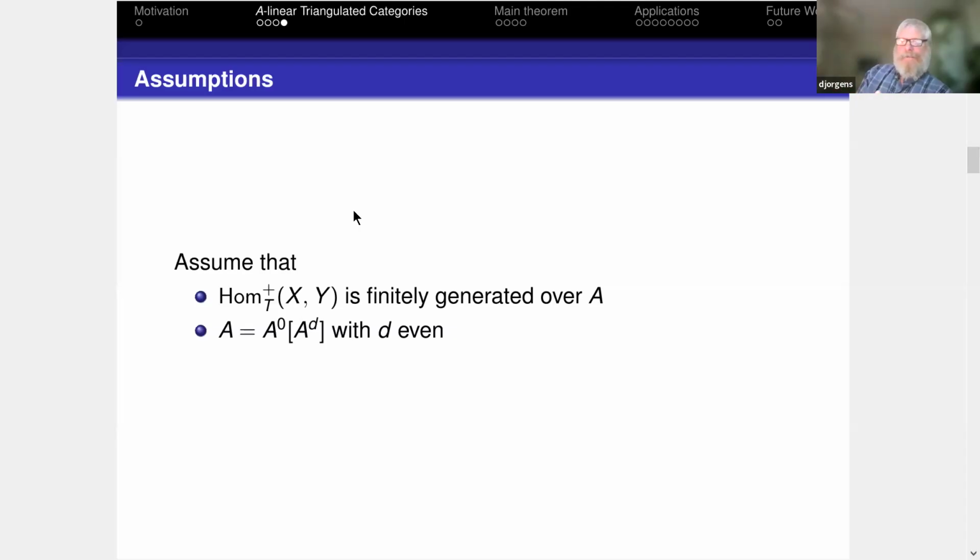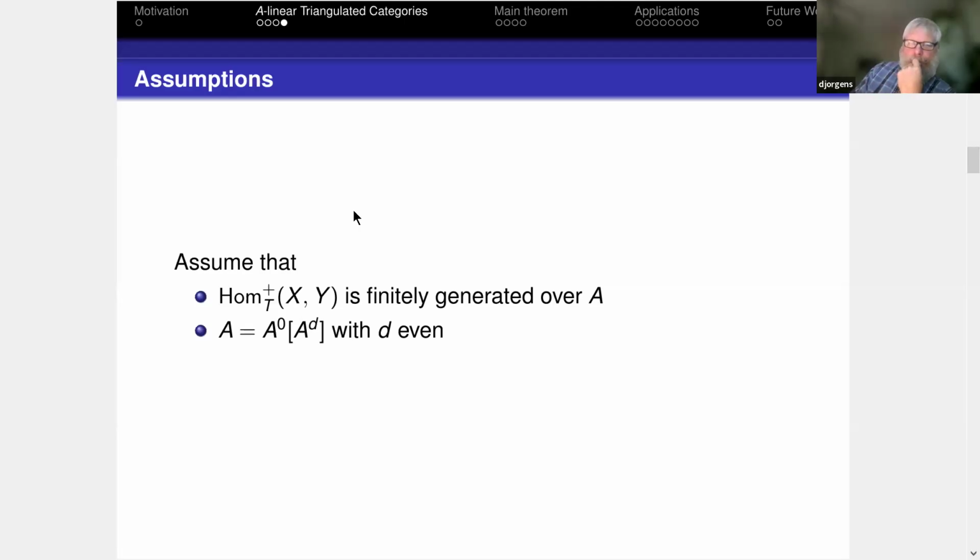Well, it turns out that you can multiply either on the left or the right, and they're equal up to sign. So you can choose whether you want to think of these as left or right modules.